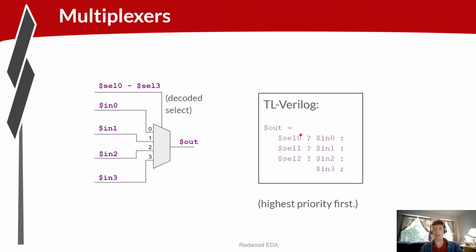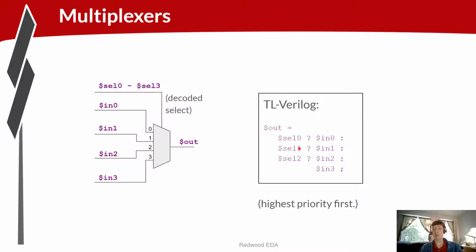So this is the syntax, and this is the same syntax that you can find in C++ for a ternary operator, question mark, colon. I imagine most of you are familiar, but again, for those who are not, you can read this as if select 0, which of course is a 1-bit Boolean value, then select the input 0, which again can be a vector.